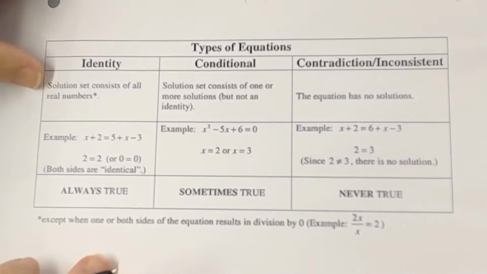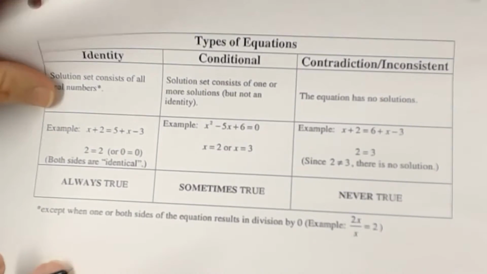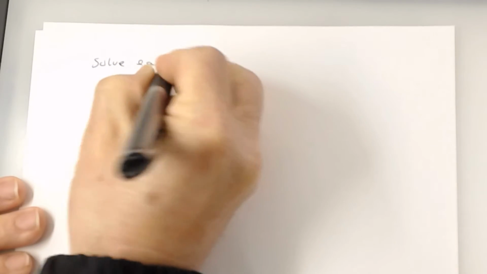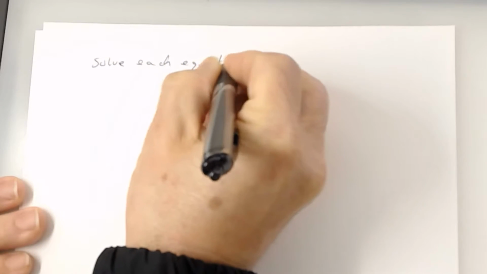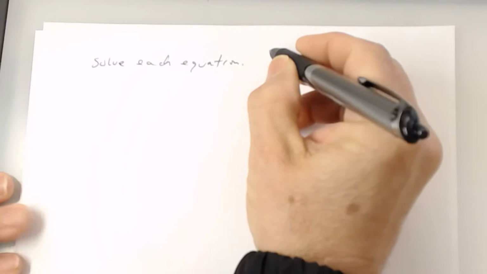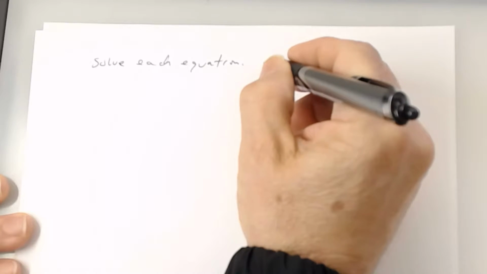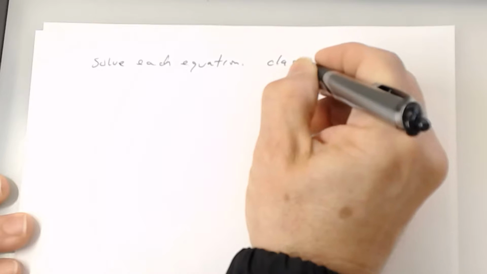We're going to come back to this sheet in a little while. Let's go ahead and solve this equation. Number one, we're going to solve each equation, and then you're going to classify the type of equation.